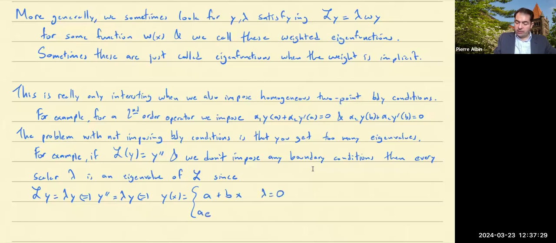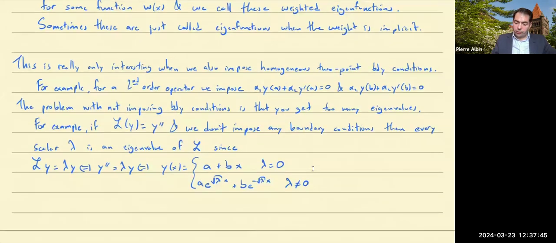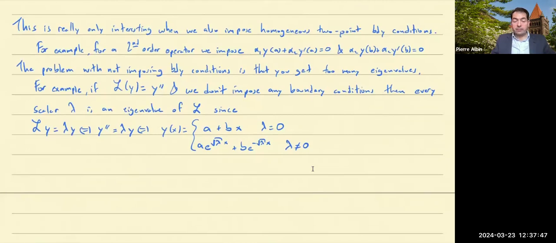And otherwise, you get a linear combination of e to the square root of lambda times x plus e to the minus square root of lambda times x. So in this case, we found non-zero functions for any lambda. So then every lambda is an eigenvalue, and that doesn't tell us very much about this operator.